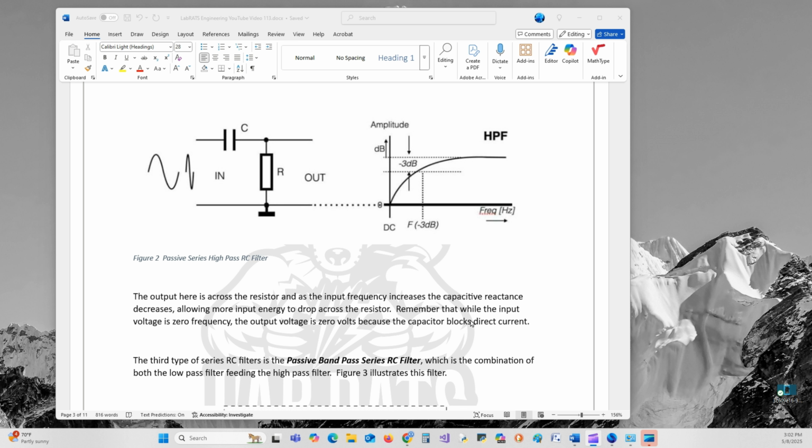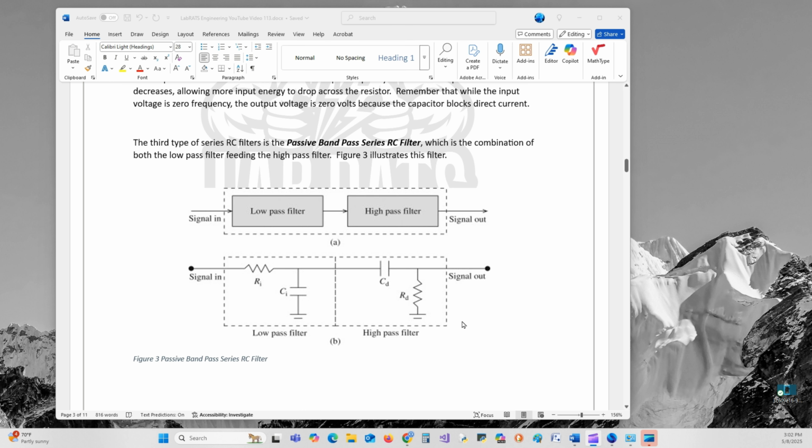The third type of series RC filter is the passive bandpass series first order RC filter, which is the combination of both the low pass filter feeding the high pass, as figure 3 illustrates. So we have our, this is not real intuitive. This is our low pass filter here, and remember it passes everything below our cutoff frequency.